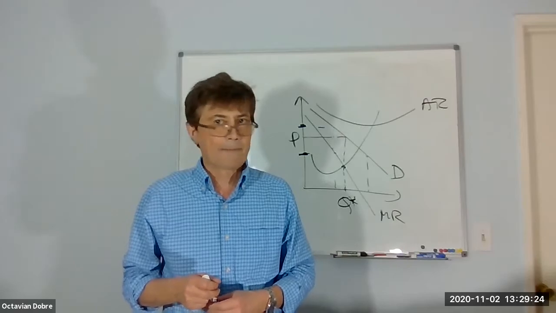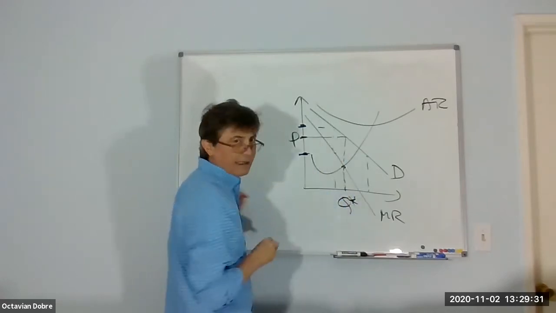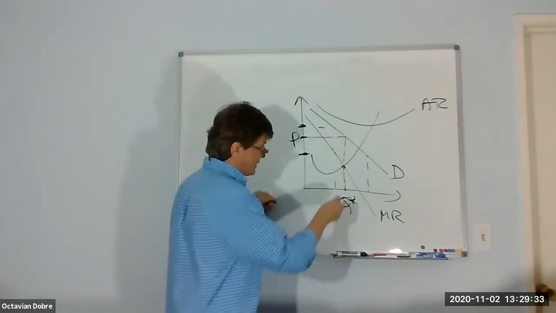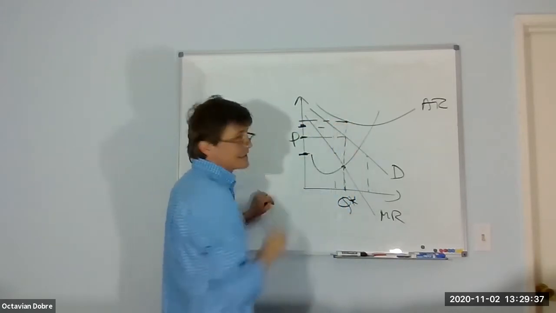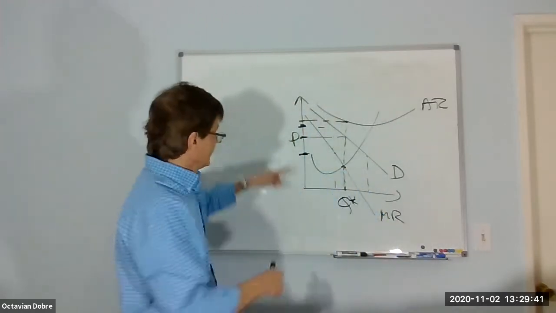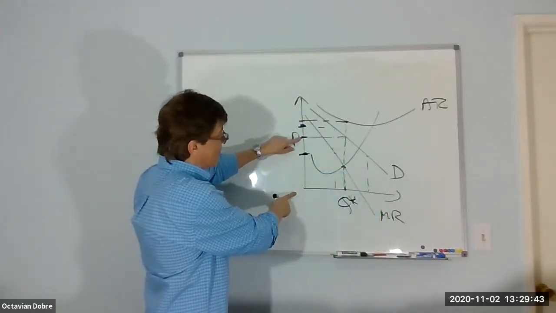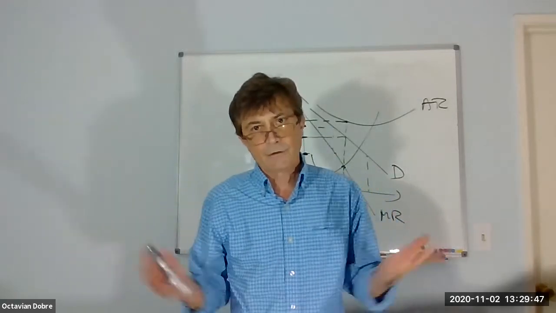Oh no, loss. Loss. Why? Because here's the price that they're selling each one of those Q star units for, and that's the average cost of a unit. You're selling each unit for 10 bucks, but it costs you 15 bucks to produce it. You're losing money.